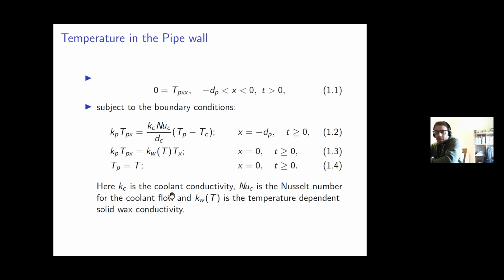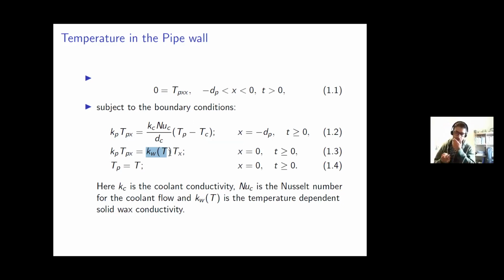And that is, in principle, all of the terms here. Now, notably, we've assumed here that all these physical terms are constants. But at this point, we've now introduced that the conductivity of the wax, that is Kw, is actually dependent on the temperature of the wax.